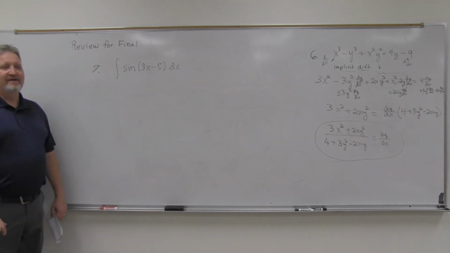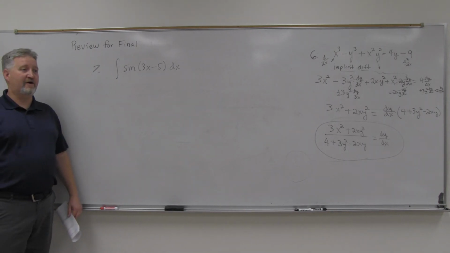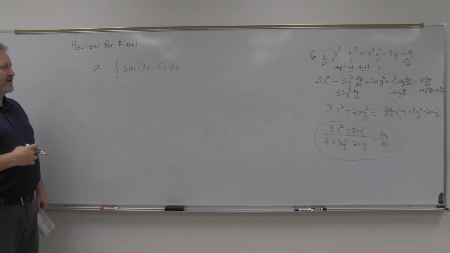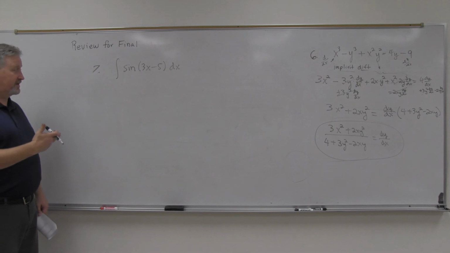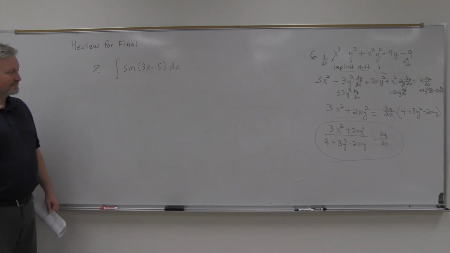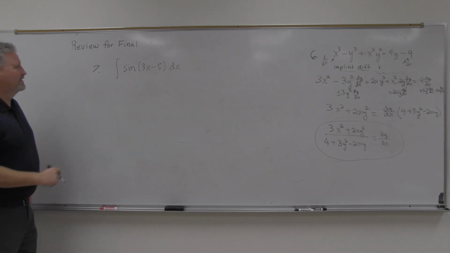Some of them are just the antiderivative power rule, which we use a lot. But I wanted to remind us, the way we evaluate this integral is with u substitution.